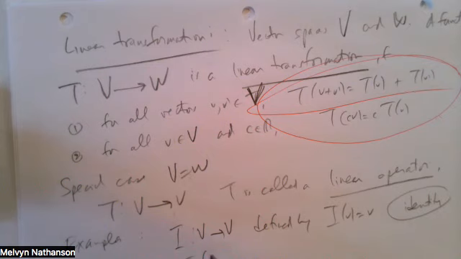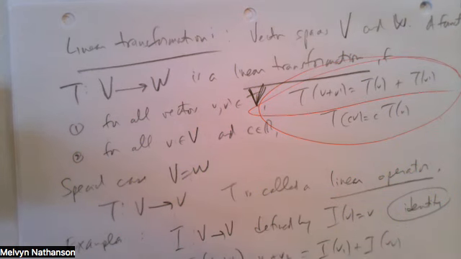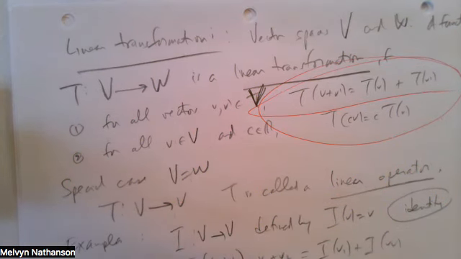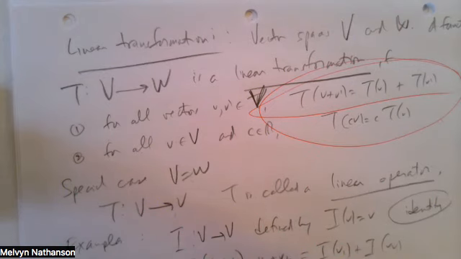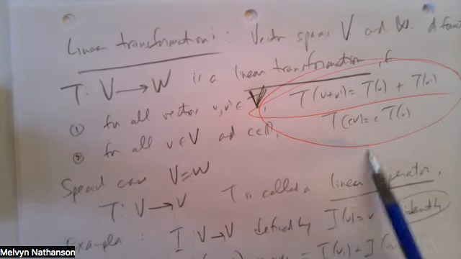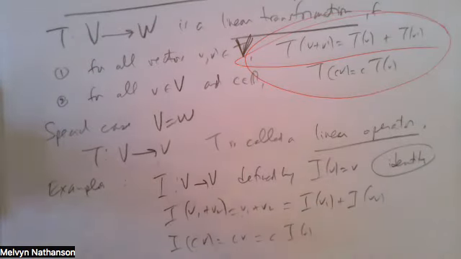Because I of v1 plus v2 is v1 plus v2, but of course I of v1 is v1, and I of v2 is v2. And I of c times v is c times v, but v is I of v. So these two properties are satisfied for the identity function.